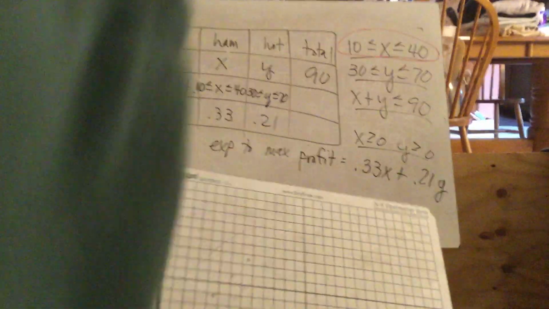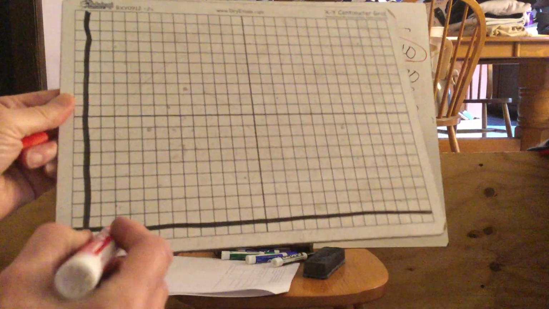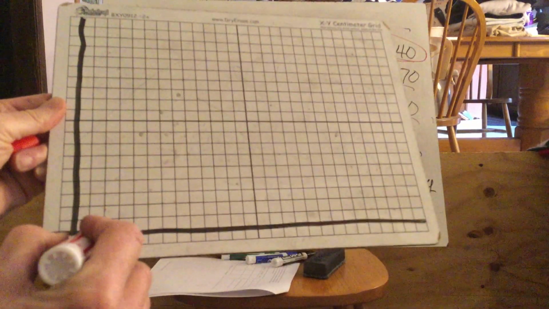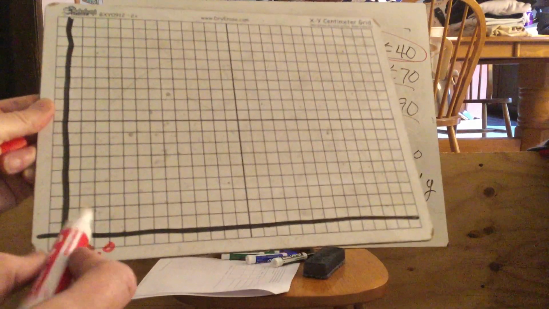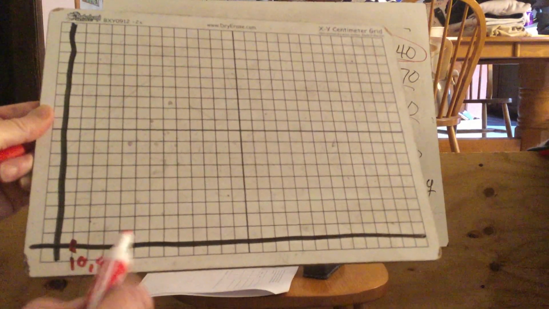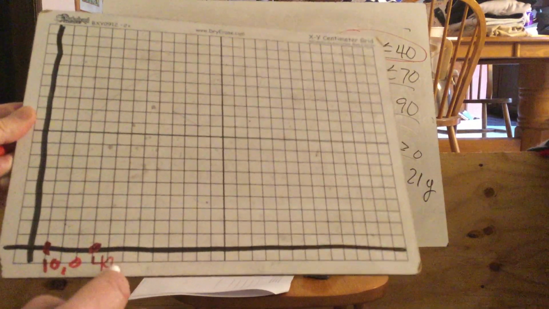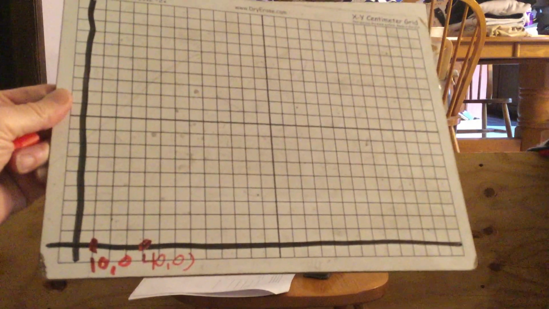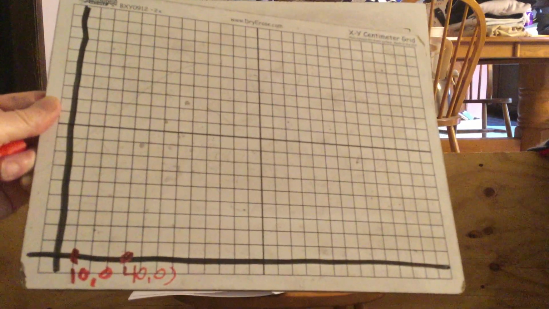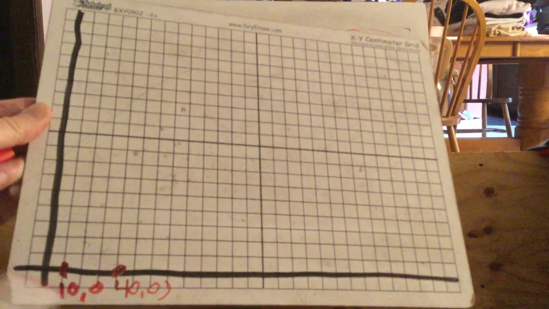So I'm going to put, my scale is 10, remember. Here's 10, right there. That's the point 10, 0. And then 10, 20, 30, 40. Here's the point 40, 0. So on my X-axis, because that inequality is just X, I'm putting a dot at 10 and a dot at 40.